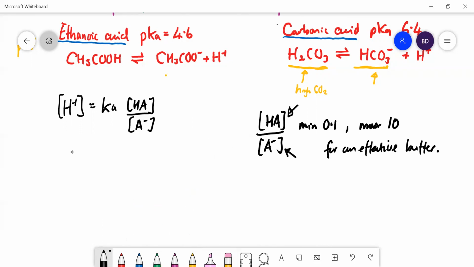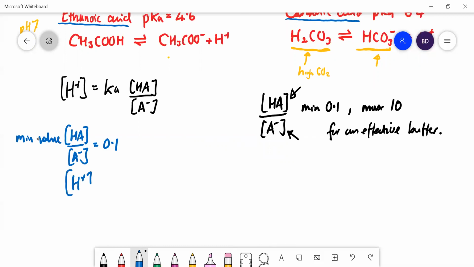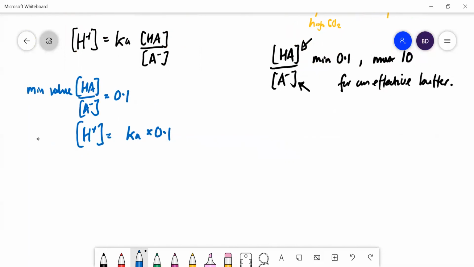Okay, so let's do the minimum value of the fraction, and that's equal to 0.1. So in that case, we get H+ is equal to Ka multiplied by 0.1. Let's take negative logs of both sides of the equation. If you do that, you get minus log H+ is equal to minus log Ka, and that times becomes a plus.